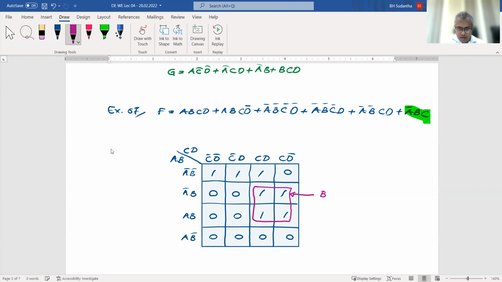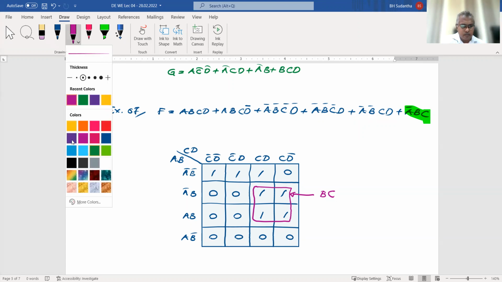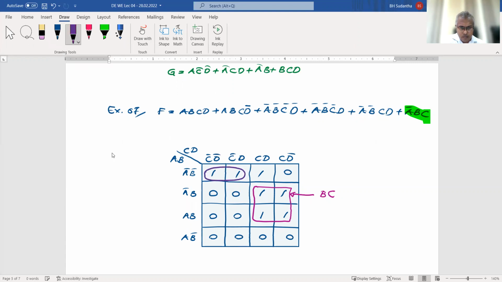This is B, C. What is this? This is A bar, B bar, C bar. And here we have one. If you want, you can combine these two together or these two together. Then there will be two answers there.